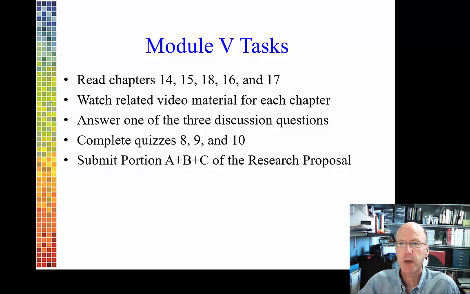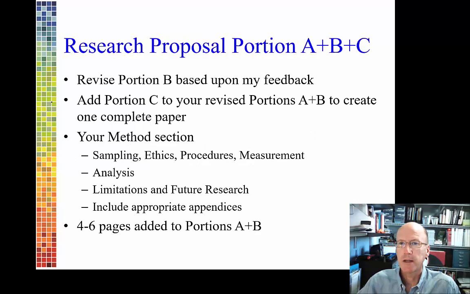And this will be your final submission of the paper. Let me talk a little bit about this last section. You'll be revising portion B based upon the feedback that I gave you. Then you'll be adding portion C to your revised portions A and B to create one complete paper. So you'd be adding portion C to your already completed and revised portions A and B.